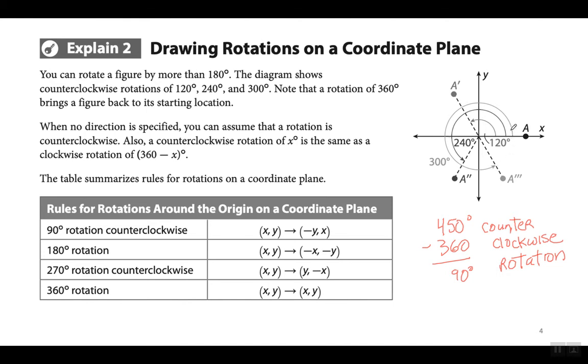Just to make up another number, let's say you do an 800-degree rotation. Again, there's a question like this on the homework, and they do come up. I just made up that number, so an 800-degree counterclockwise rotation.